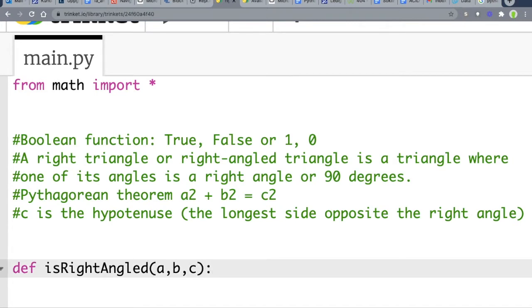So I've written a function by the name of is right-angled.